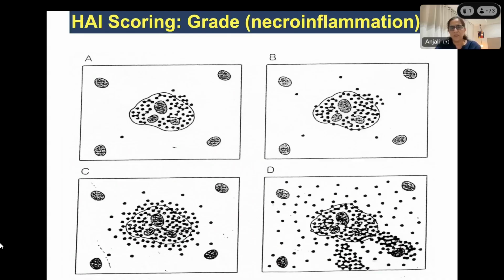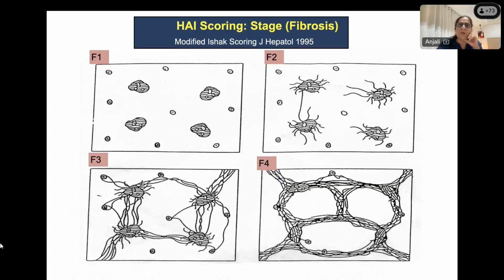On B it is extending beyond the portal area. C has still gone outside portal area, and 4 is extensive inflammation, periportal inflammation, even reaching up to zone 3. But what is important here for chronic hepatitis is stage of fibrosis. So these are 4 stages of fibrosis.